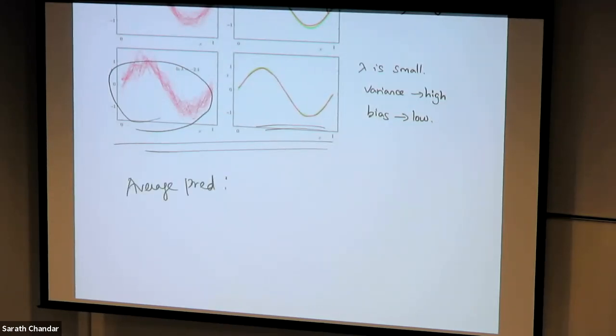The average prediction of all these 100 models, h bar of x, is given by 1 over L, summation over l equals 1 to L, h_l of x. This is the average prediction, an approximation for the average over all possible data sets, but in this case we only average over 100 data sets. Then we have the bias term.